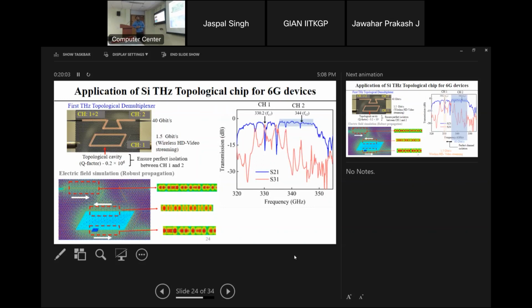It will go here and the cavity will pick this one because this is the resonance frequency of the cavity. As you can see, the waves are coming, the cavity picks its resonance frequency and transports it to the other channel, which is here. The other carrier frequency, which is far from the cavity resonance frequency, will go straight through. So doesn't it act like a natural filter?